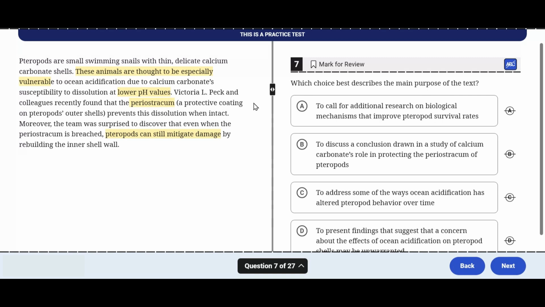Okay, so let's go and read the answers. To call for additional research on biological mechanisms that improve pteropod survival rates. Doesn't make a call for that at all, certainly not the main purpose. To discuss a conclusion drawn in a study of calcium carbonate's role in protecting the periostracum of pteropods.